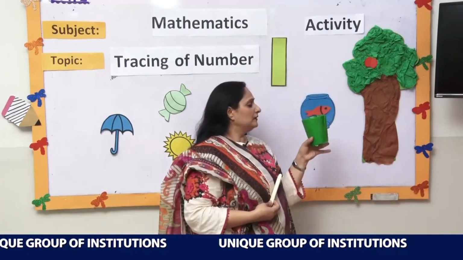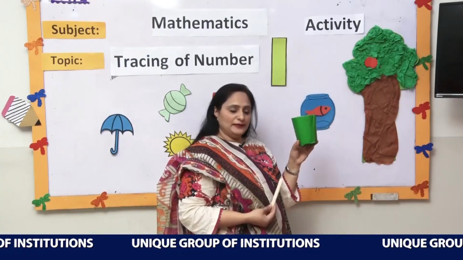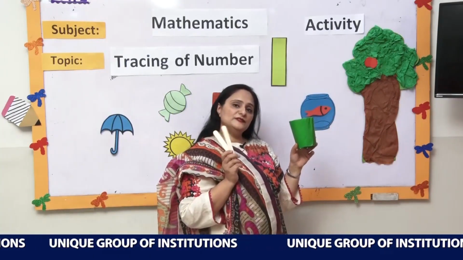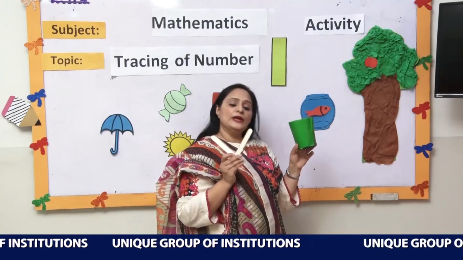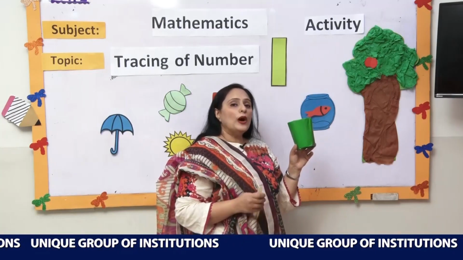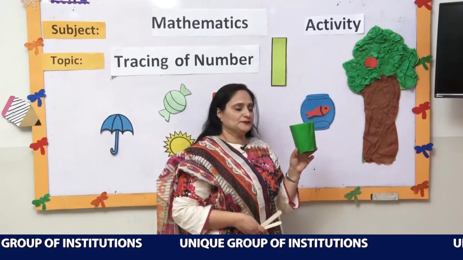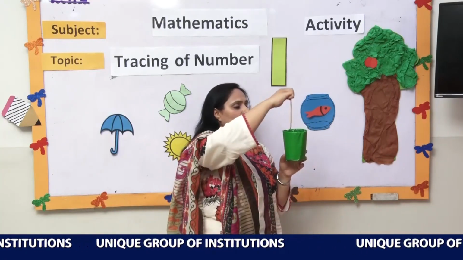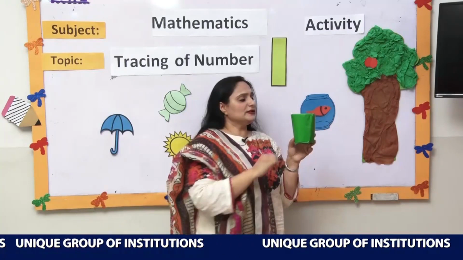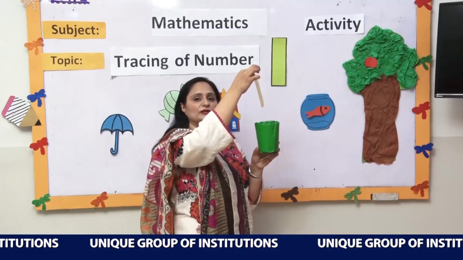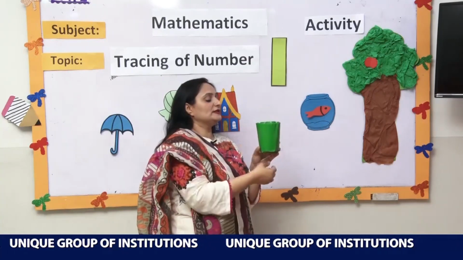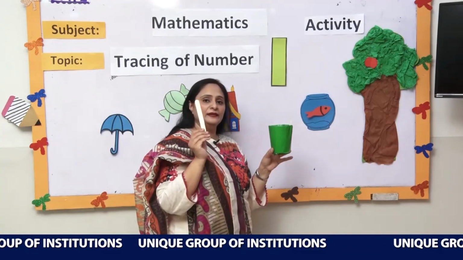And now another activity. Here I have a box in my hand and I have some sticks in my hand. What we have to do is put one stick in the box. Let's do it. How many sticks are there in this basket? Only one stick. And how many sticks are left in my hand?